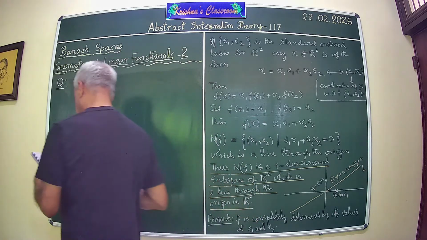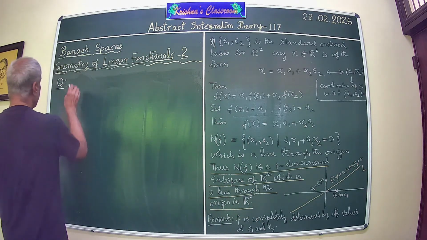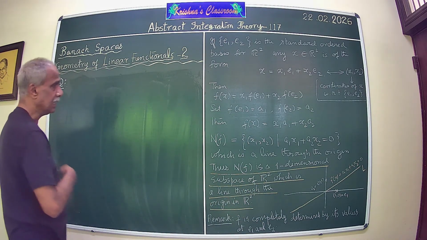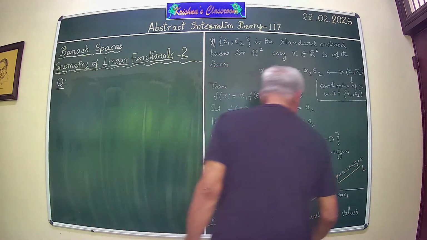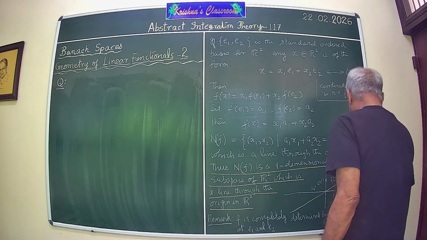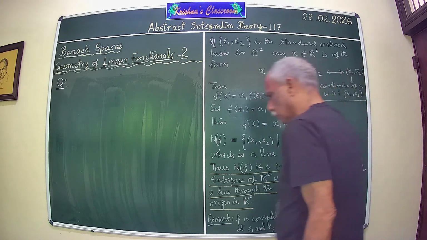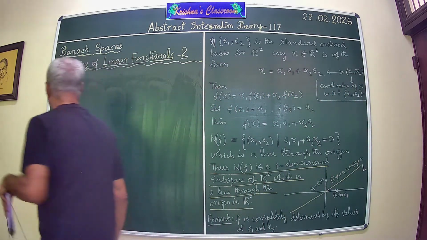So we have seen that given a linear function, there is a linear subspace of R2 determined by it.